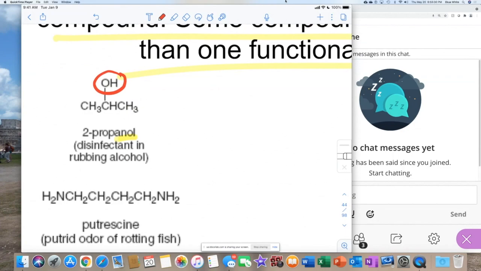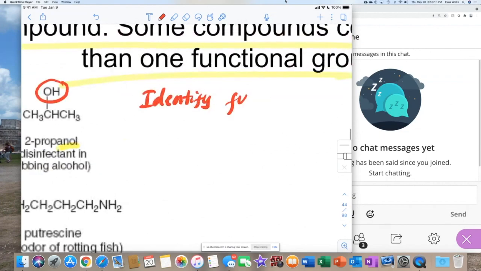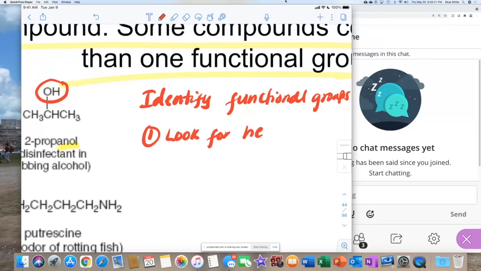This is your heteroatom. You want to look for double bonds or heteroatoms. So when I'm trying to identify functional groups, I do have a process. Number one, I'm looking for heteroatoms.